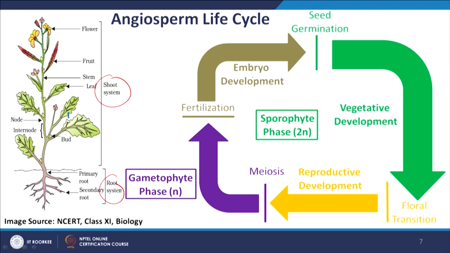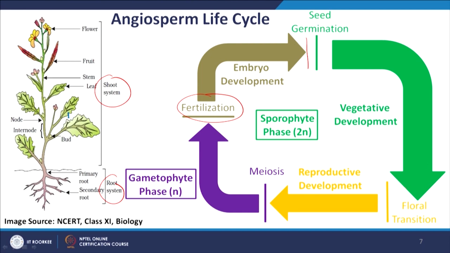Embryo development starts after fertilization, and it terminates with seed dormancy. Then the vegetative phase starts when seeds germinate, and during the vegetative phase all the vegetative organs are formed.